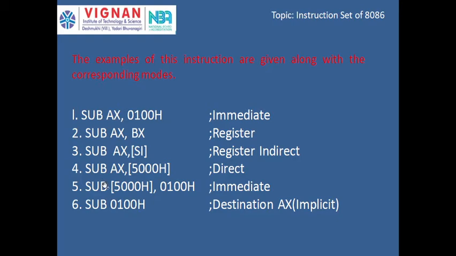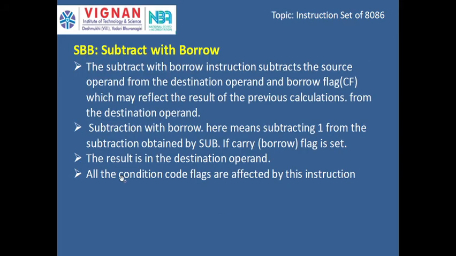Similarly, SUB AX, [5000H] subtracts the content of the memory location whose offset address is 5000H in the given data segment from the content of the AX register. In a similar way to ADC, add with carry, we have another instruction called subtract with borrow, SBB.